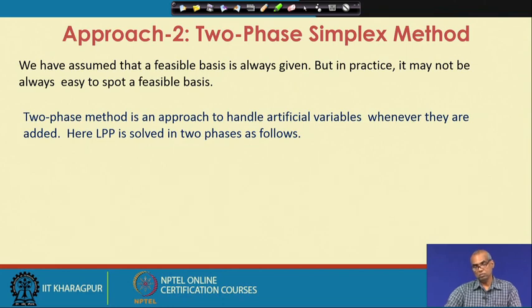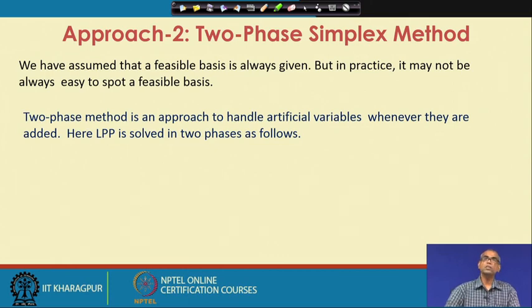Approach 2 is known as the two-phase simplex method. The two-phase simplex method is an approach to handle artificial variables whenever they are added. In this case, the linear programming problem is solved in two phases. Note that we have assumed as of now that a feasible basis is always given, but in practice it may not always be easy to spot a feasible solution.